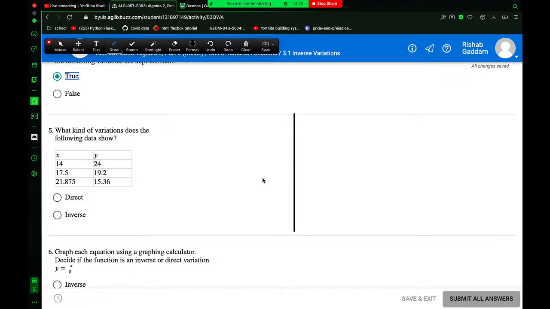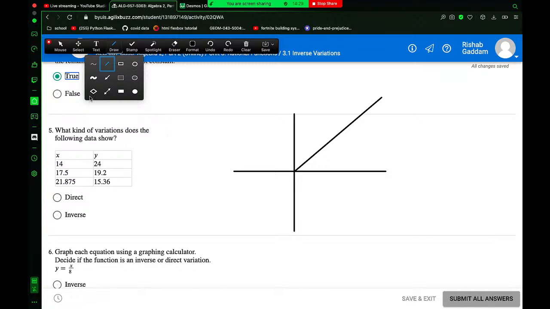So let's just say that this is a graph. This is what a linear or a direct relationship looks like. See, it's just a straight line. Whereas the inverse one looks something like this.